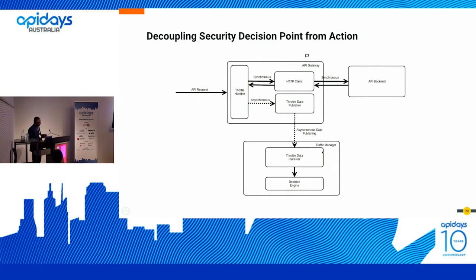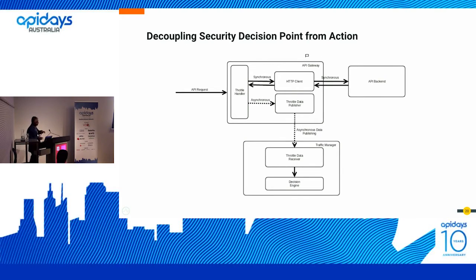And the other thing is, the traffic manager can be integrated into a backend to have a feedback loop, right? Which means you can have a dynamic system which enables real-time modification of the throttling policies.